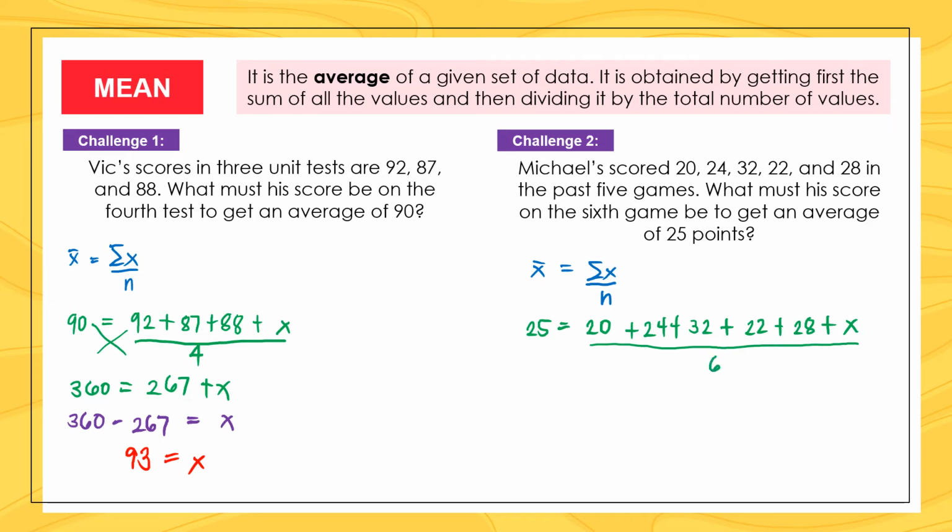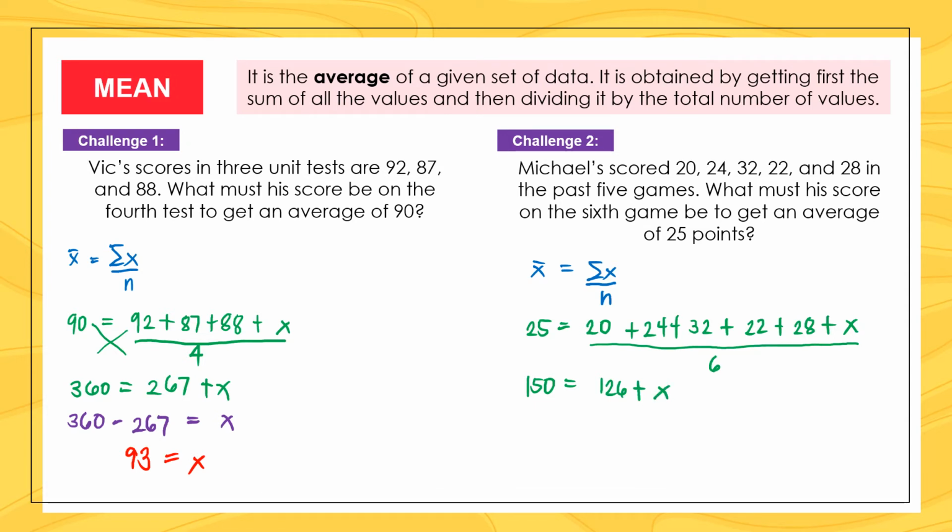We have 6. Okay, so computing for this, we'll do the cross multiplication. 25 times 6 is equal to 150. And then combining 20 plus 24 plus 32 plus 22 plus 28, that will be 126 plus x.